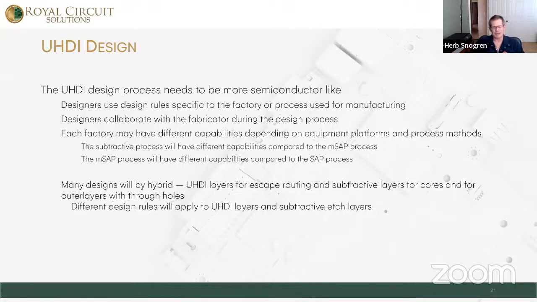And so you're going to have different design standards and end product criteria that apply to those layers differently. And so you need to be aware of that when you're designing the board and also evaluating that. So there can't be just a single, global standard for the entire structure. Different layers are going to have to be treated differently.